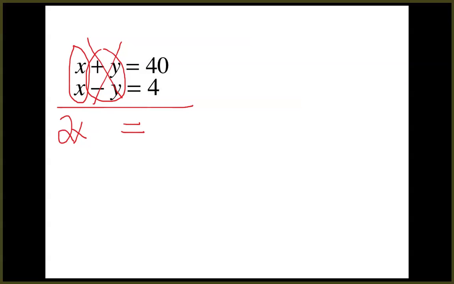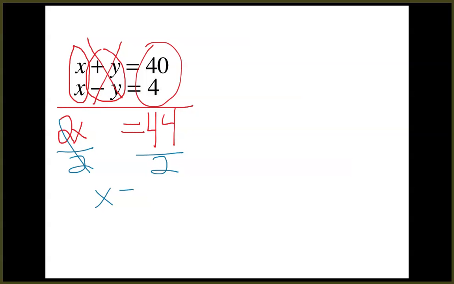And we just eliminated the y's from our problem. That is helpful. So we added x plus x, we added y plus negative y. Now we're going to add 40 plus 4. And now we have a really simple equation that we can solve pretty quickly. We just got to divide by 2 on both sides, and we already have one of our two variables.